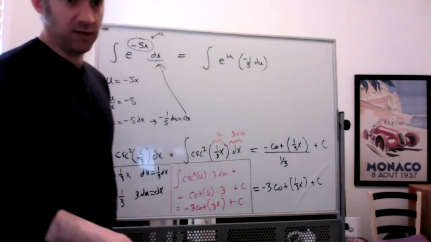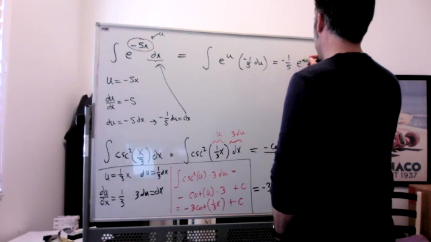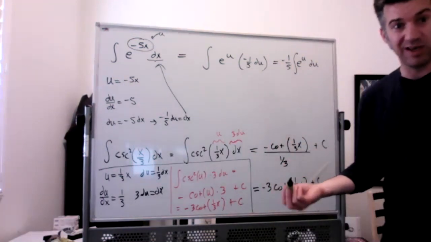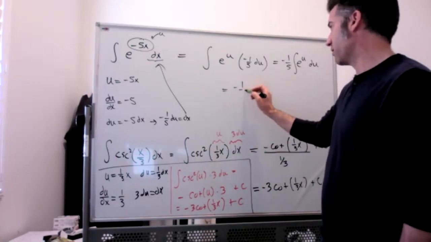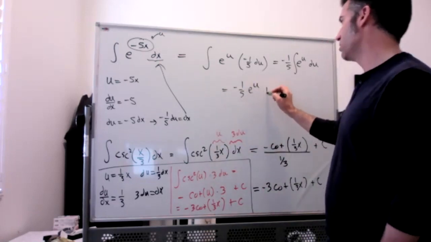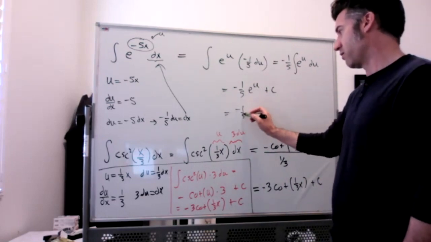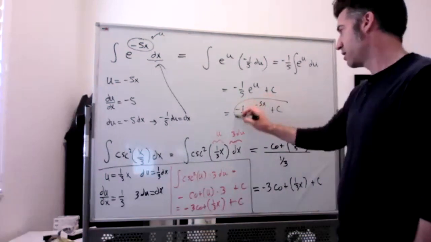Let's pull the constant out in front: negative 1/5 times the integral of e to the u du. The antiderivative of e to the u is e to the u, so that's negative 1/5 e to the u plus c. Plugging back in, we get negative 1/5 e to the negative 5x plus c.